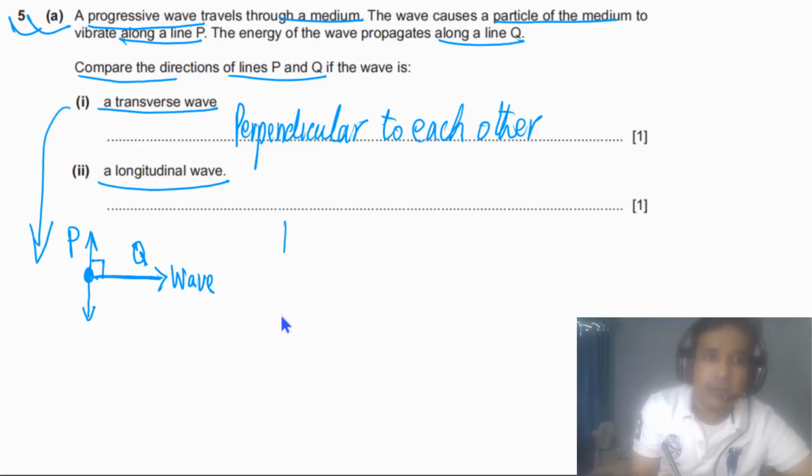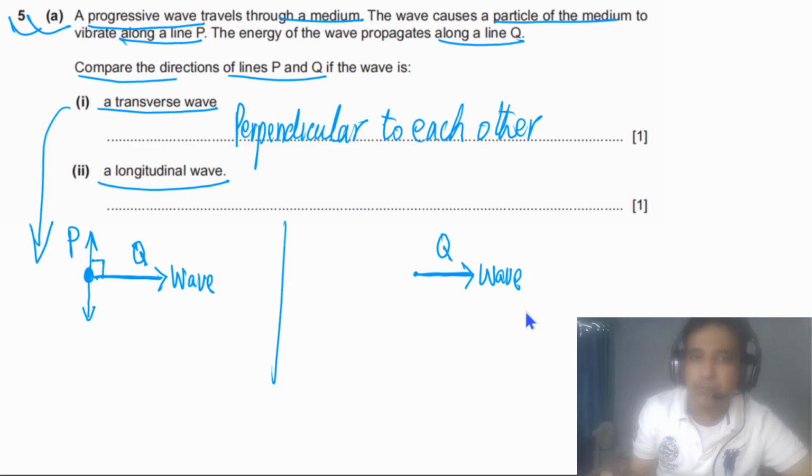Now if you look at longitudinal waves, again imagine that we have a longitudinal wave moving to the right. This is the direction of the wave, represented by Q, and now we can imagine that we have a medium particle. This medium particle will vibrate to the left and to the right, to and fro in this direction.